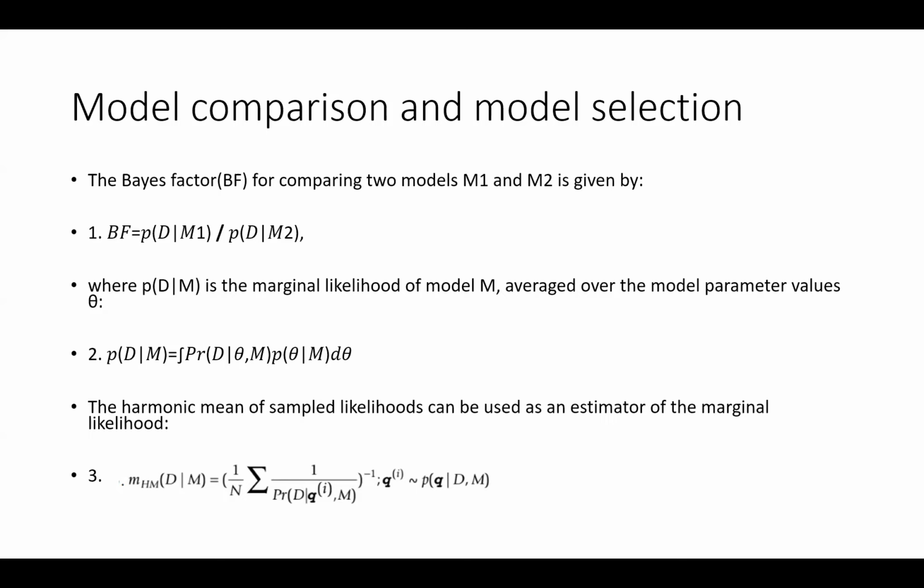This estimator doesn't always behave very well, but there are a number of modifications that can be used to stabilize it, and bootstrapping can be employed to assess the uncertainty in the estimated marginal likelihoods. In general, a Bayes factor of more than 20 is strong support for the favored model. Next slide, please.